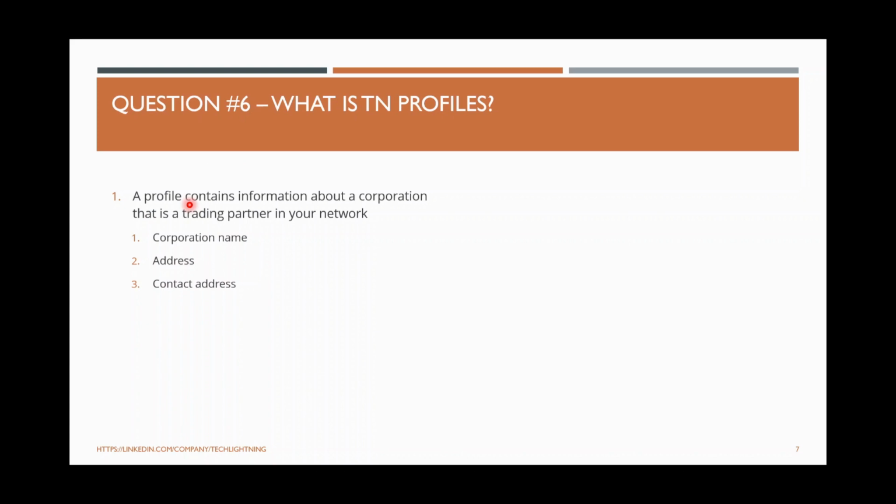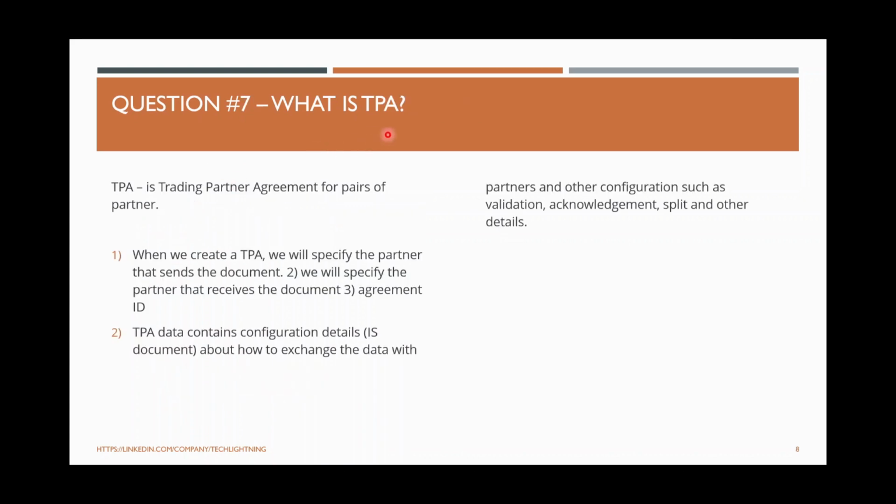I'll move on to the next question. What is TPA? TPA is nothing but a trading partner agreement for pairs of partners. For example, I have a company called Tech Lightning, and I want to exchange a business document with my partner Intel. Then I am the sender, my receiver is Intel, and the document type I want to exchange is invoice.